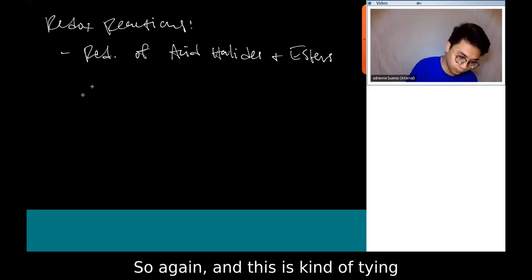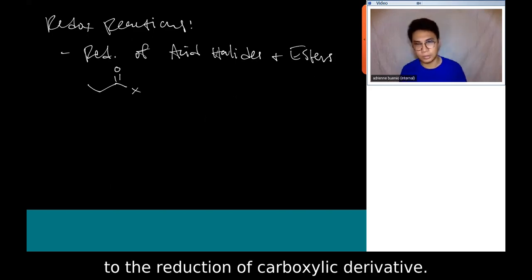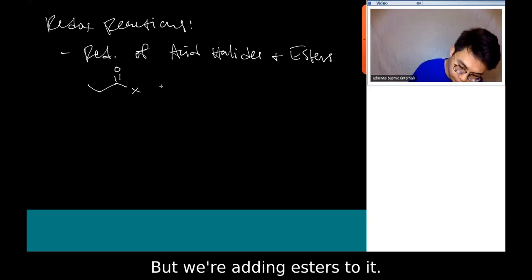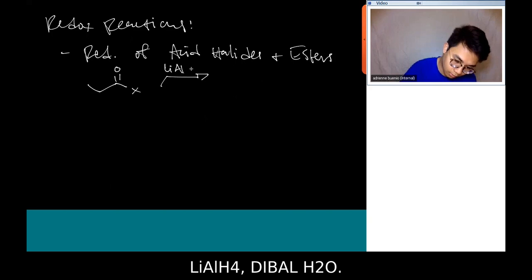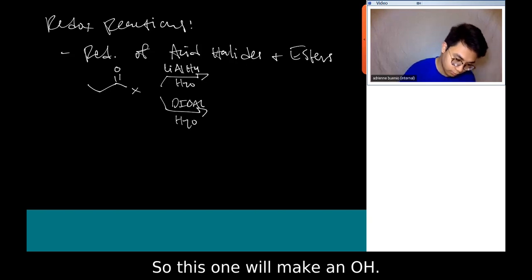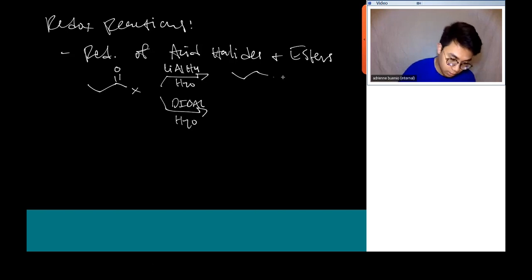So again, this is kind of tying to the reduction of carboxylic derivatives, but we're adding esters to it. So LiAlH4, DIBAL-H, H2O. So this one will make an OH.